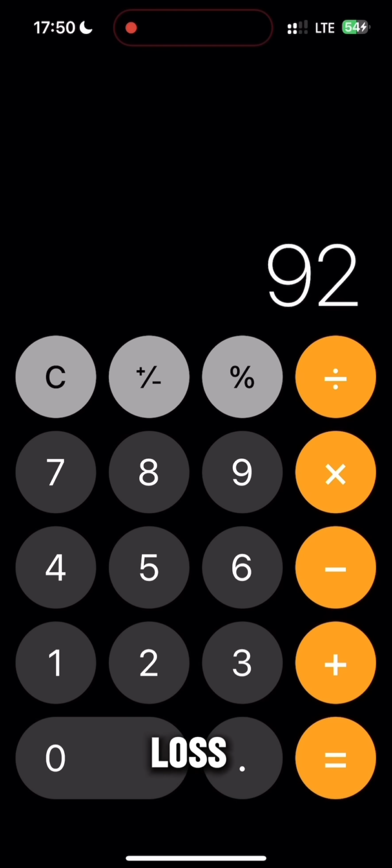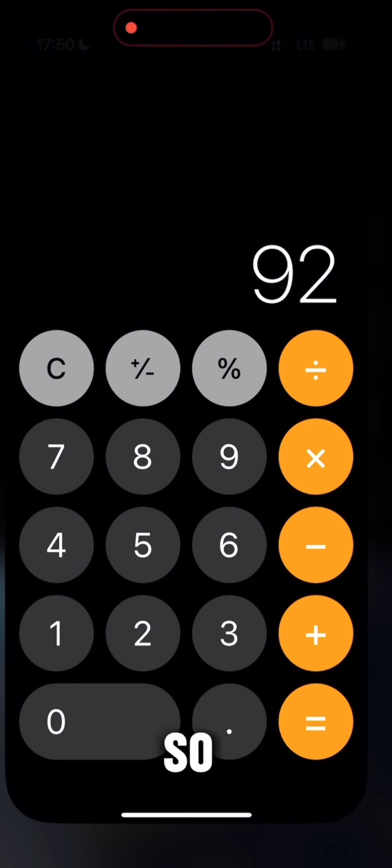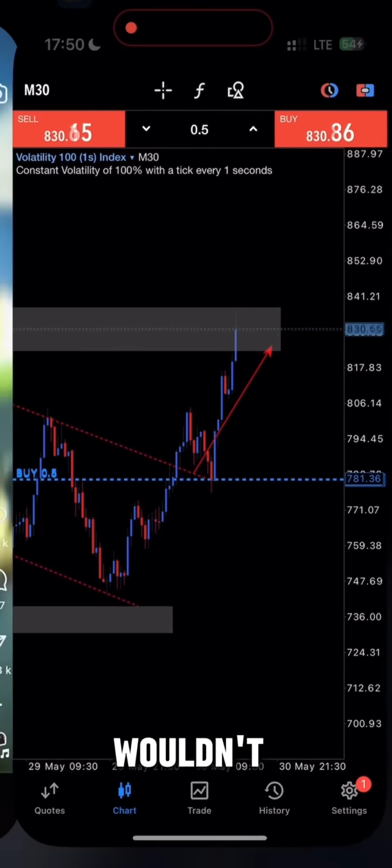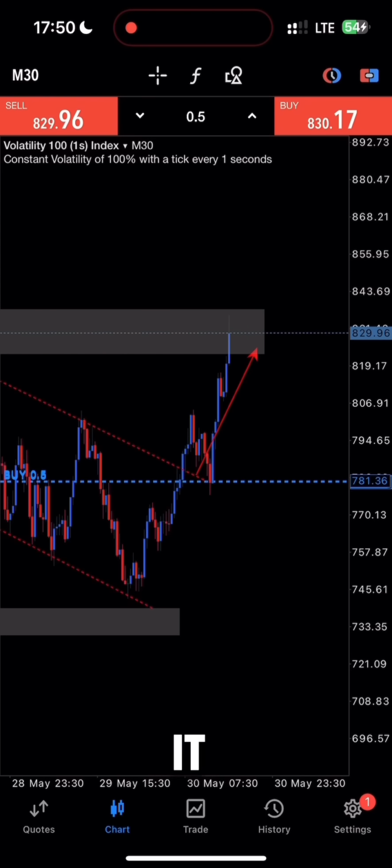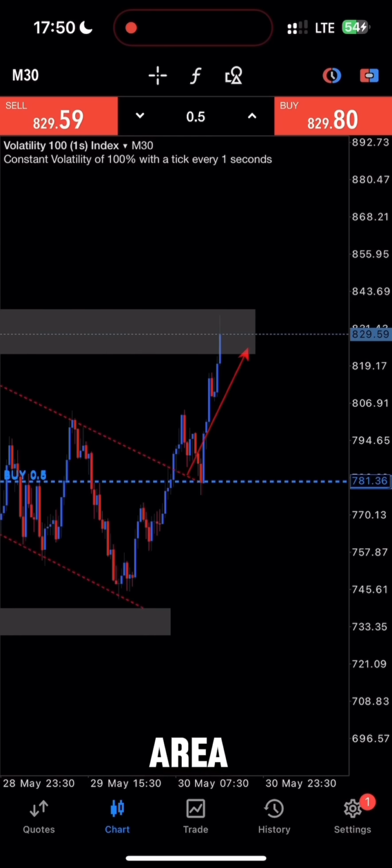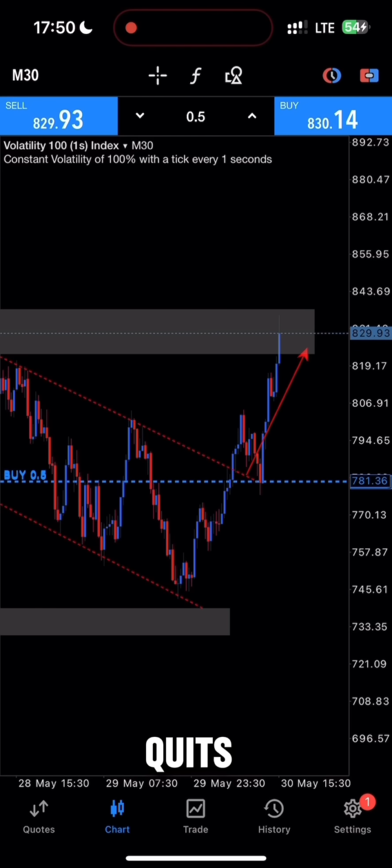This was my loss from a $300 account, so obviously we all know that it wouldn't have blown. But now we are in massive profit. It has reached the second gray area, the TP area that I've shown you. So this is great. This is good news. So I'm going to close my trade, and I'm going to call it quits.